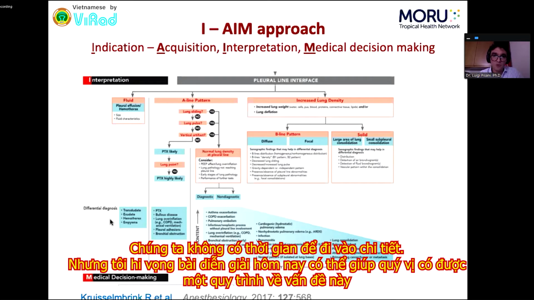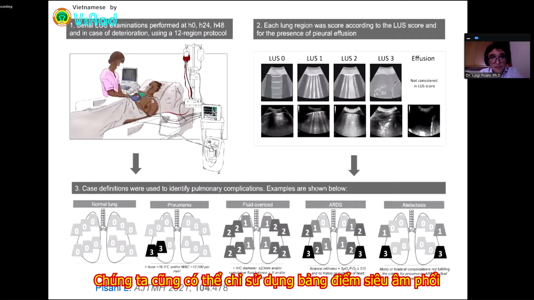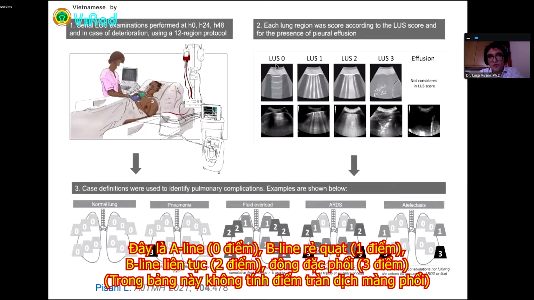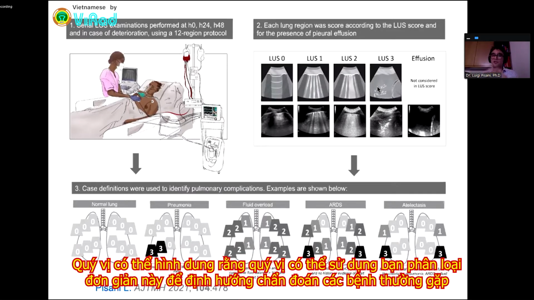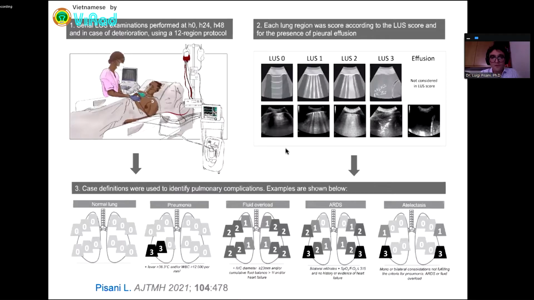We do not have time to look at it all in detail, but I hope that today's lecture will help you make this process. And we can also use the simple lung ultrasound score. So A lines, separated B lines, confluent B lines, consolidation. You can imagine that we can use this simple classification to build some common diagnoses.